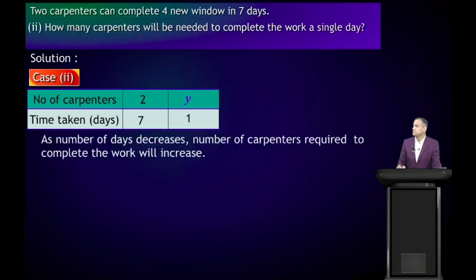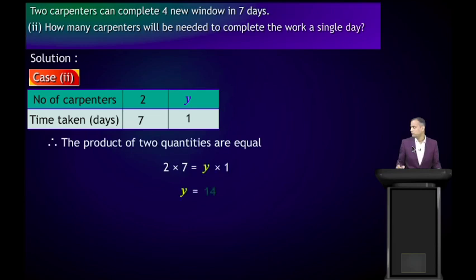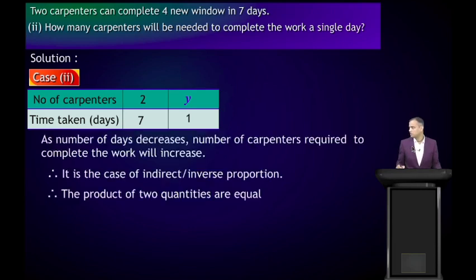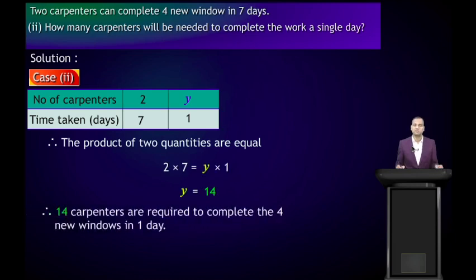As the number of days decreases, the number of carpenters required to complete the work will increase. It is the case of indirect proportion. So again, the product of the 2 quantities is equal. So y equals 14. It means we need 14 carpenters to complete the work in 1 day.